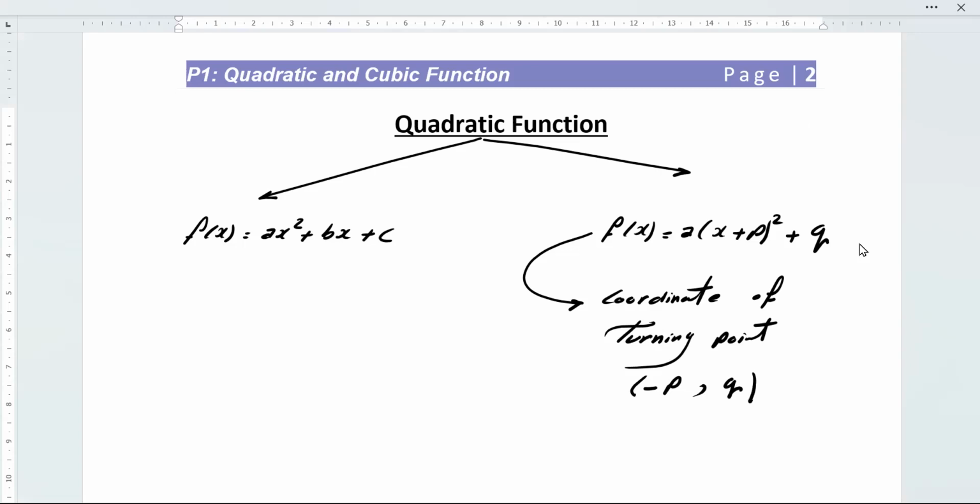This is the coordinate of the turning point. And you should understand, if in any example or problem in the exam, they give you something called a turning point, stationary point, minimum point, or maximum point, you have to write the quadratic equation in the completing the square form. It's very important to understand this point.